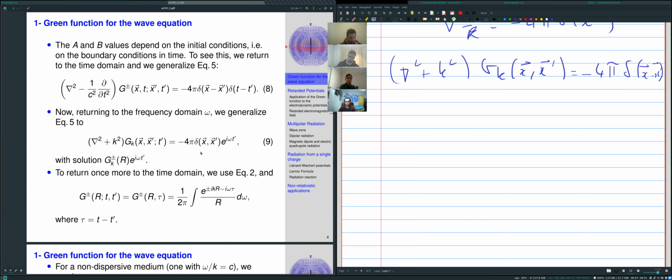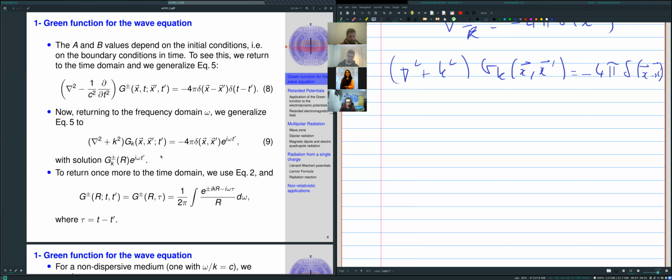So you can see that the right-hand side is simply the Fourier transform of what's above. And what's on the left-hand side is the same as always. This is the green function, but where we have gone back to the Fourier transform of the green function for one spectral component k, instead of having the time dependence here, okay?